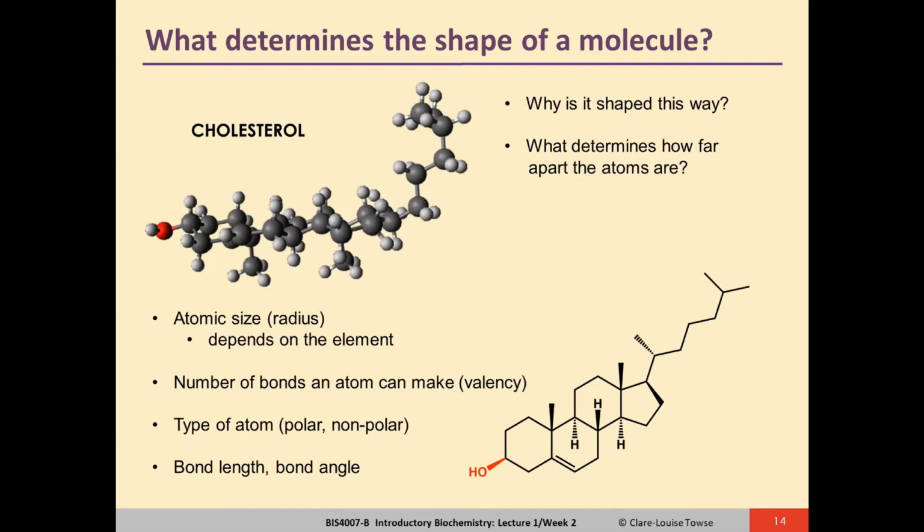Also bond length and bond angles. I think I could make a revision session only on shapes, bond angles and bond length, because this is from A level and it's a completely separate topic in itself.